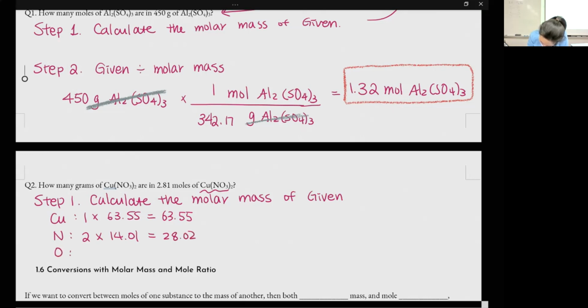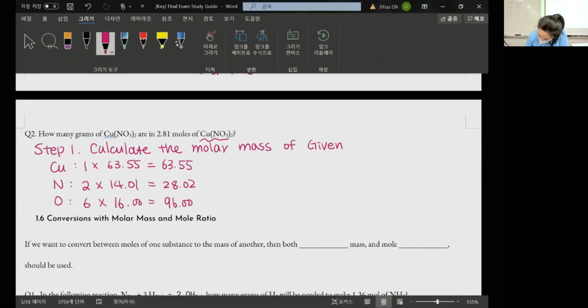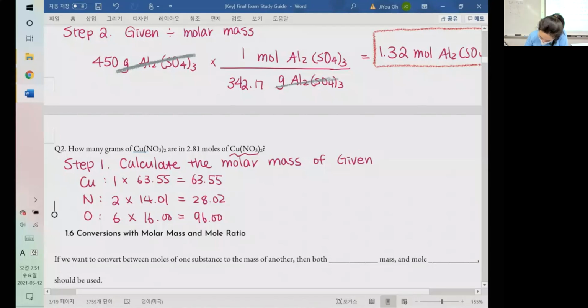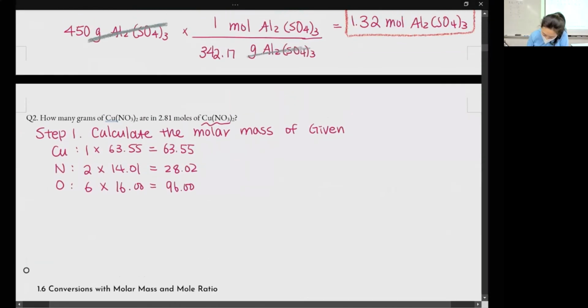Oxygen, you have 6 of them, so it'll be 96.00. Okay, so it will be 63.55 plus 28.02 plus 96.00. So my molar mass would be 187.57 grams per mole.